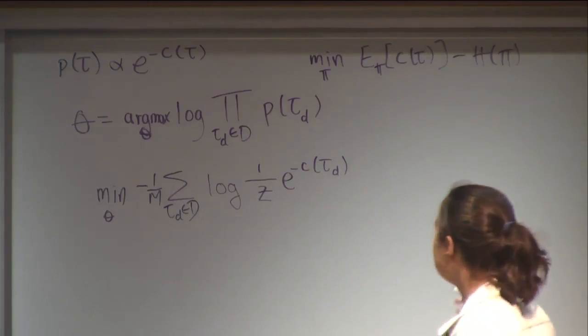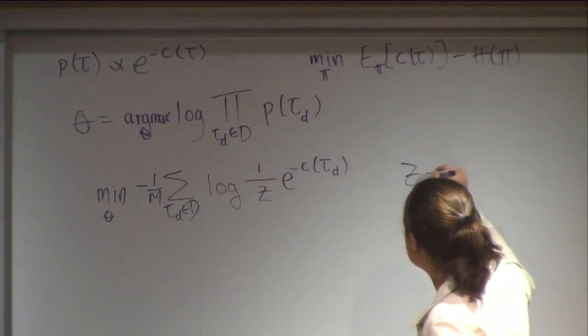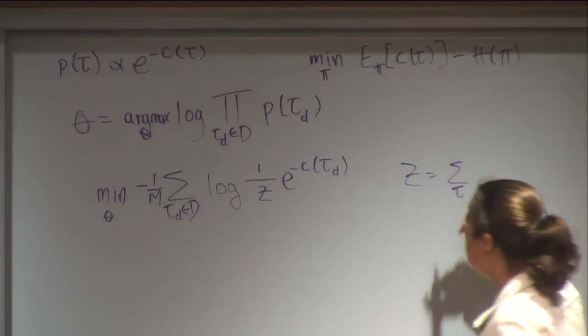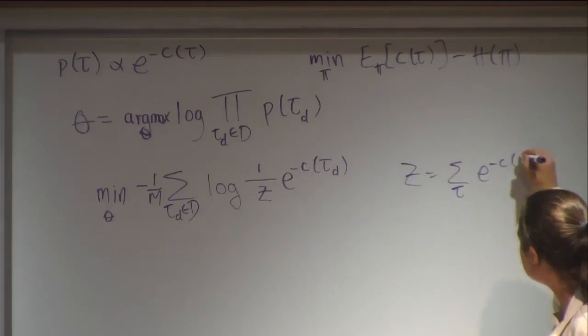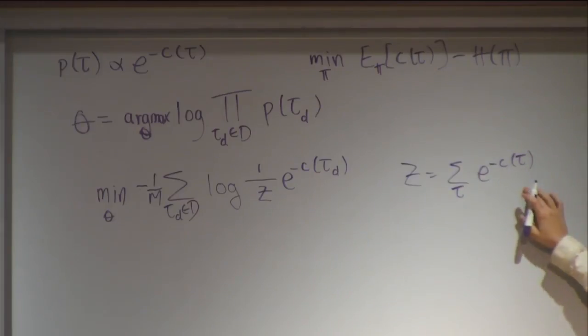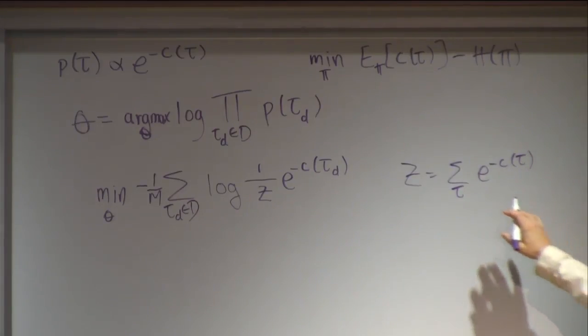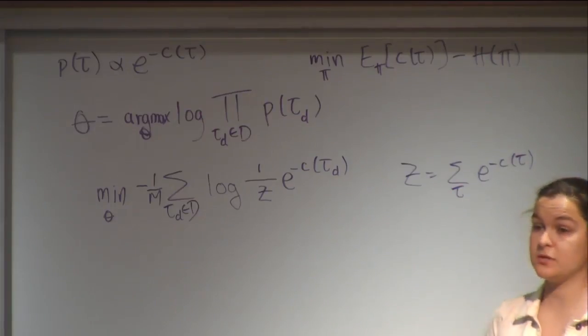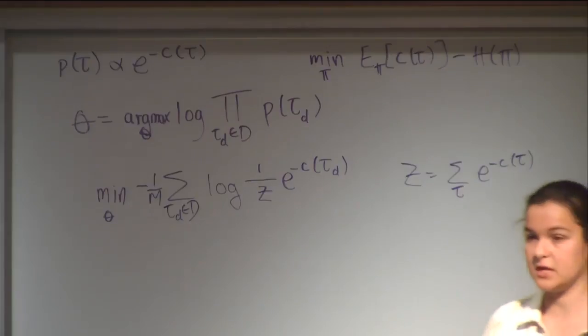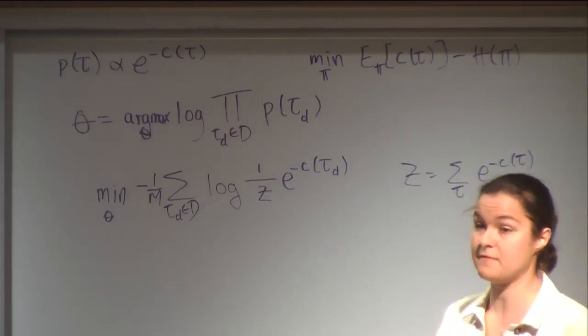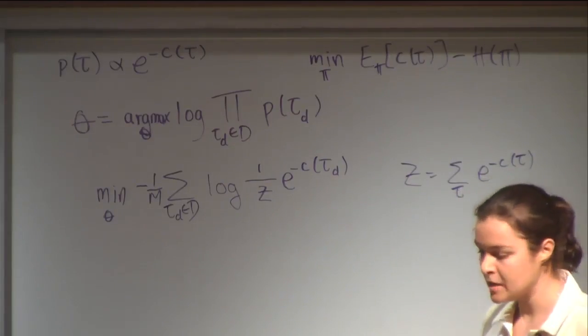Okay, and note here that z is equal to the sum over all possible trajectories of e to the negative c of tau. And in the case where your state and action space are continuous, this will be an integral. And in the case where you have discrete states and actions, it's a sum, because you'll have a finite number of trajectories.